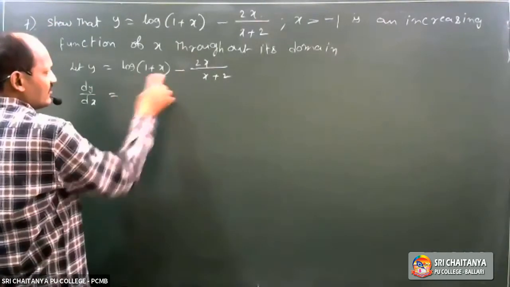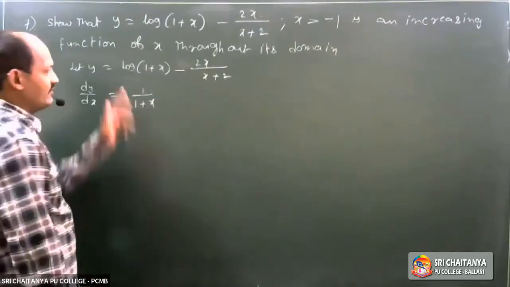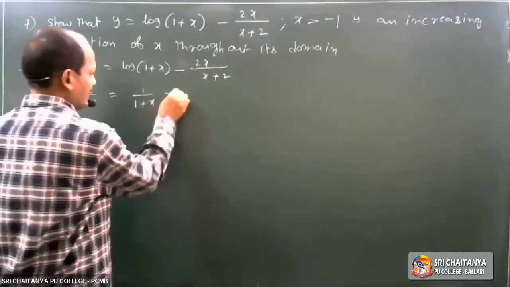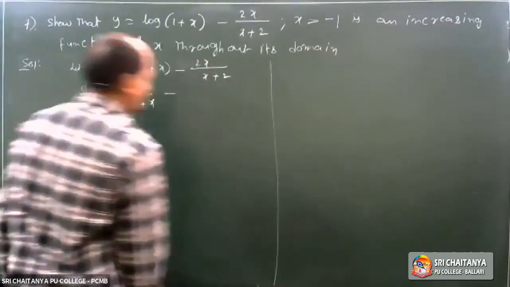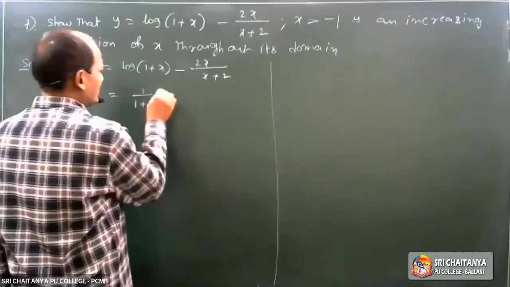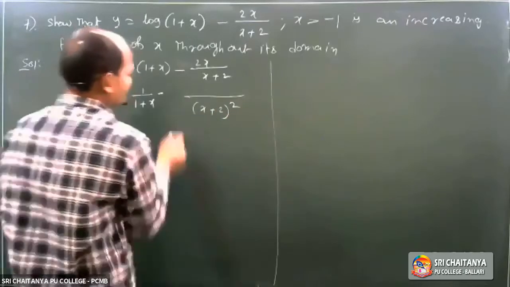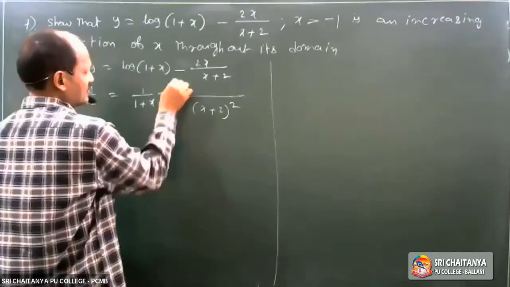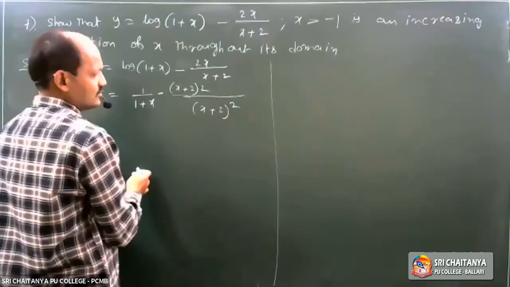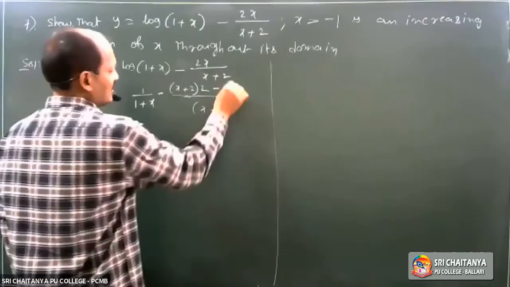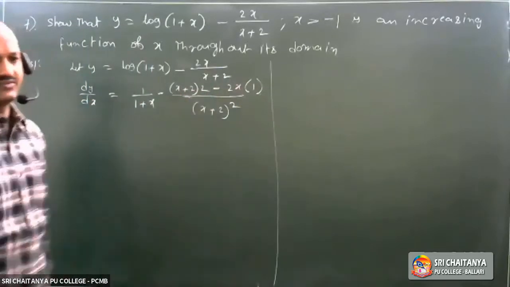dy by dx: the derivative of log of 1 plus x is 1 divided by 1 plus x. Minus the derivative of 2x divided by x plus 2. It is the derivative of u by v, so the denominator is x plus 2 whole square. The numerator is x plus 2 into the derivative of 2x, that is 2, minus 2x into the derivative of x plus 2, that is 1.